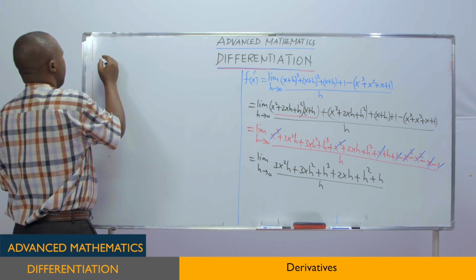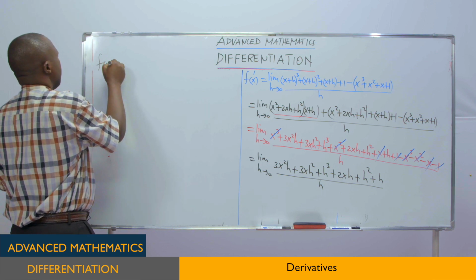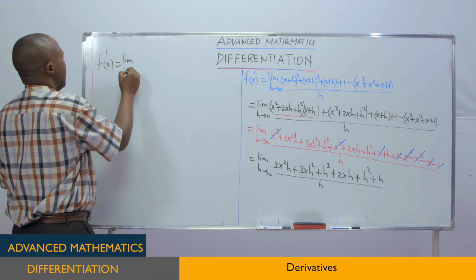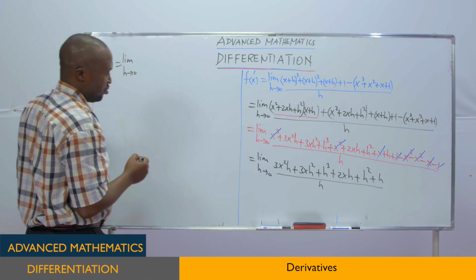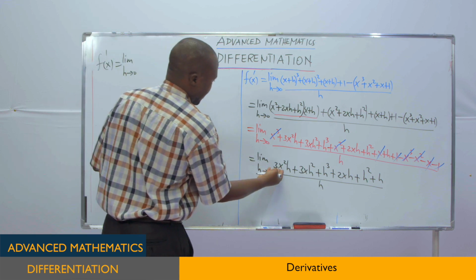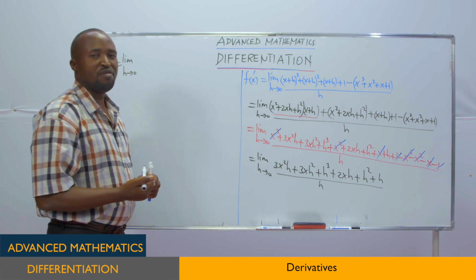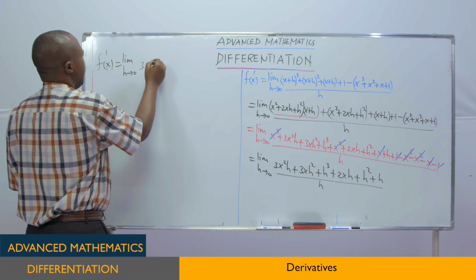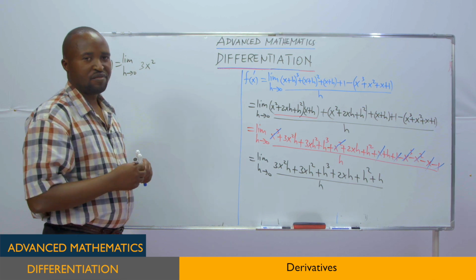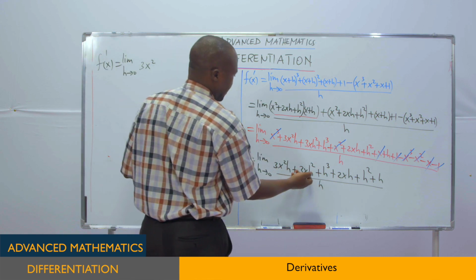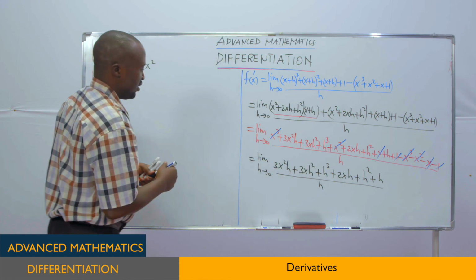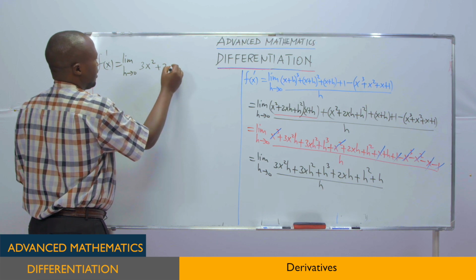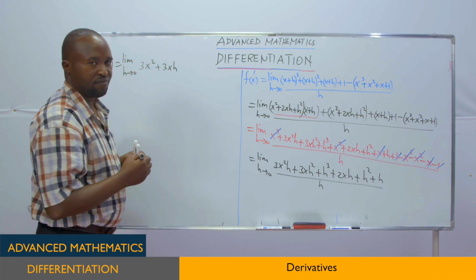That is f of x dash is equal to the limit as h approaches 0. So we have 3x squared h divided by h, so we have 3x squared. And again we have 3x h squared divided by h, that is plus 3xh.